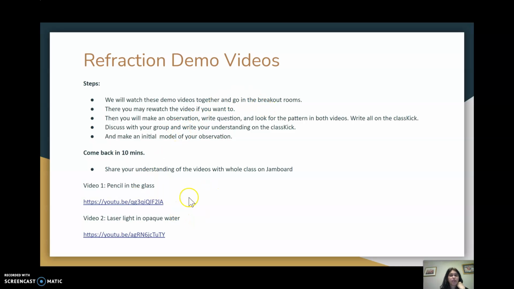These slides are with you too, so if you forget what to do, you will be able to read them. You will be able to rewatch the video if you want to. You are completely independent in the breakout rooms. After watching the video, you will go on Classkick.